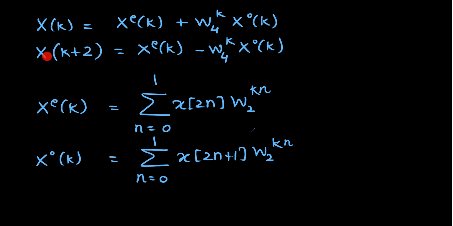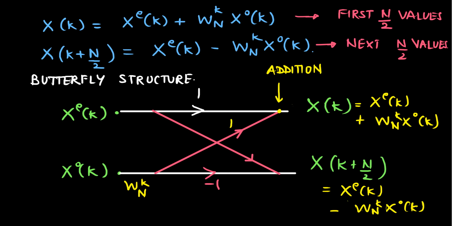When we do that, X of k plus n by 2, where n by 2 is equal to 4 by 2, which is equal to 2. So this X of k plus 2 can be given as X even of k minus W4 to the power k X odd of k. This follows from the previous derivation we have obtained here.